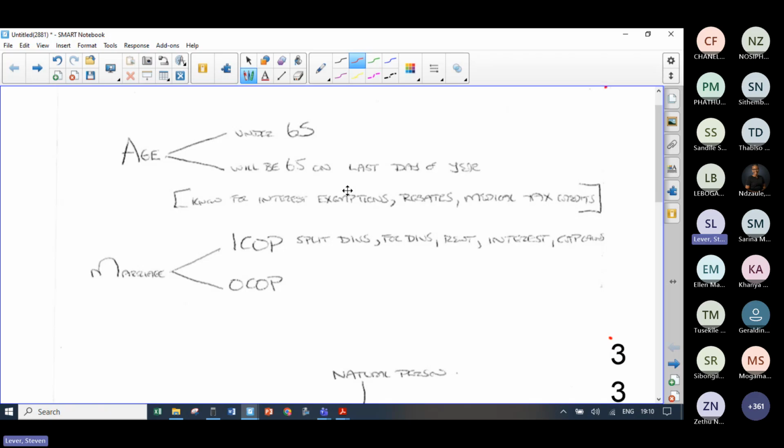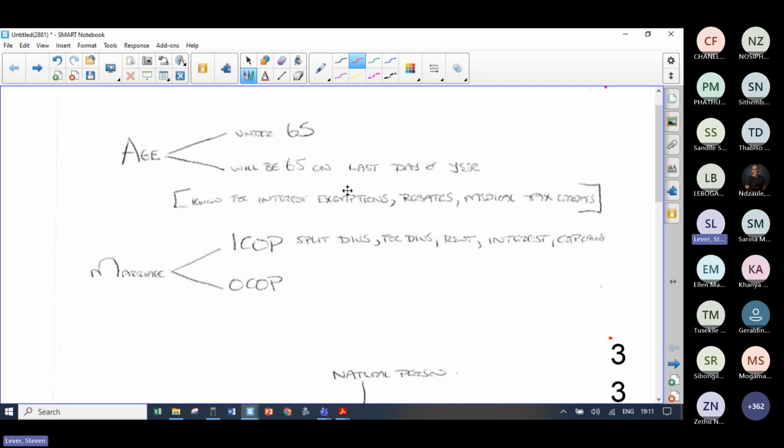If you would have been 65 on the last day of the year, you get the medical tax credits, the times 3, and you also get the times 33.3%. You get the 34,500 rand interest exemption, and your rebates, you're going to get the 17,235 plus the 9,444.